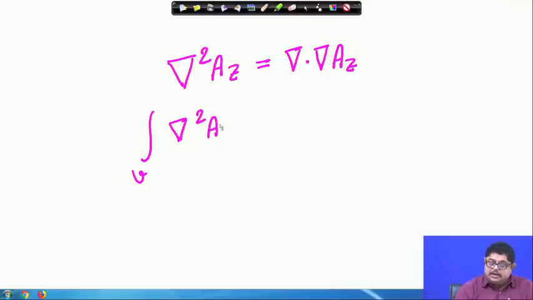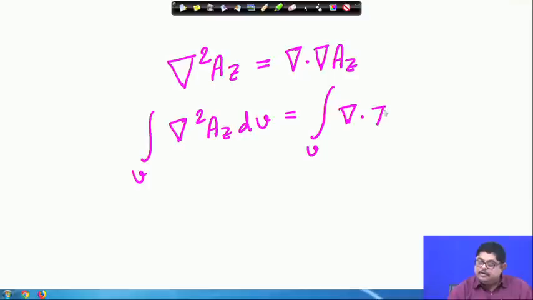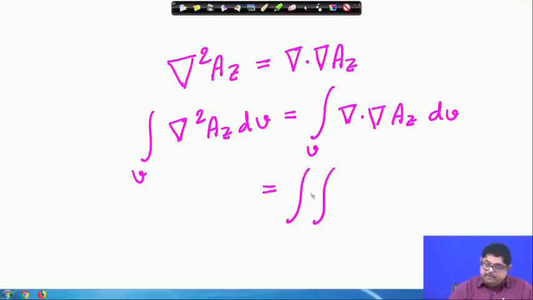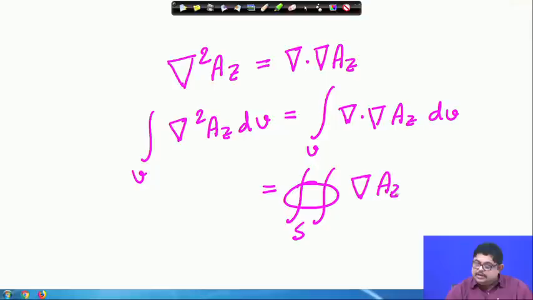Integral of del square Az dV is equal to del dot del Az dV, and if I apply the divergence theorem, that will be a closed surface integral of del Az dot ds.